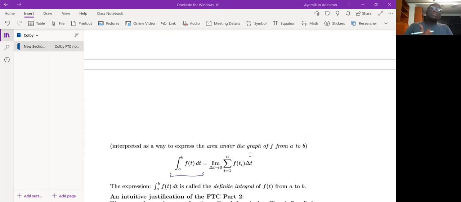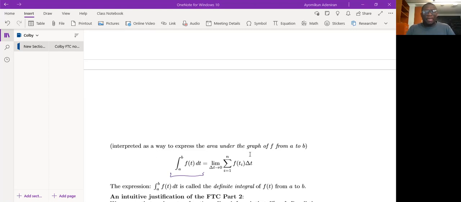And as you take the limit of your delta t, that is the change in each of those rectangles, so the width of the rectangles, as you make it smaller, you get something that gets very close to that area. So that's essentially what the Riemann sum is. So I hope that is clear.